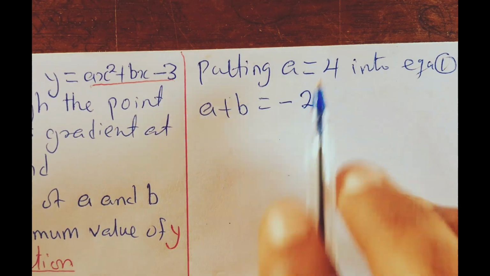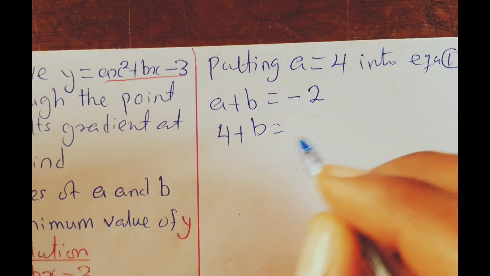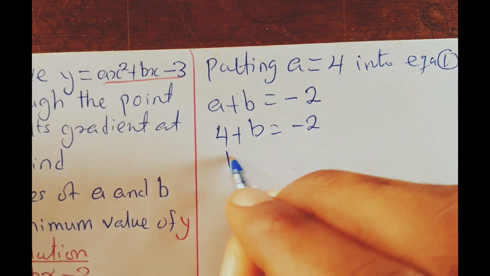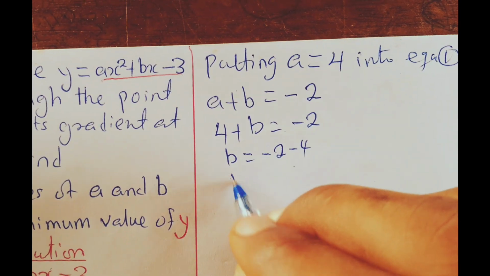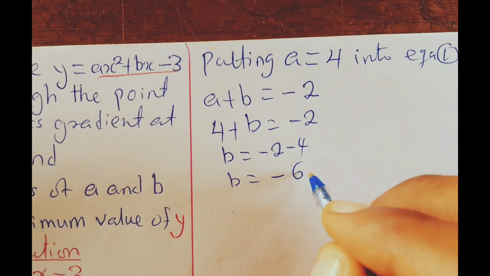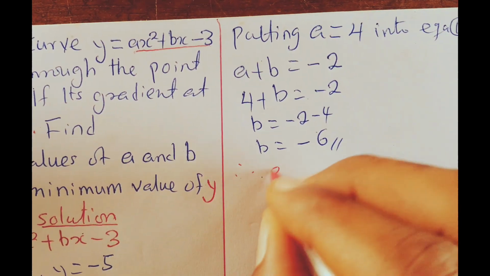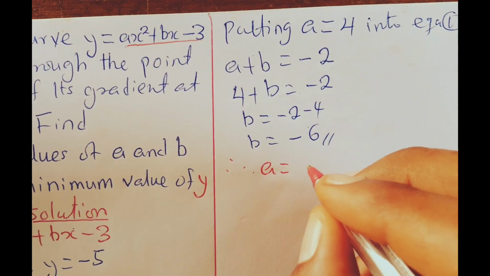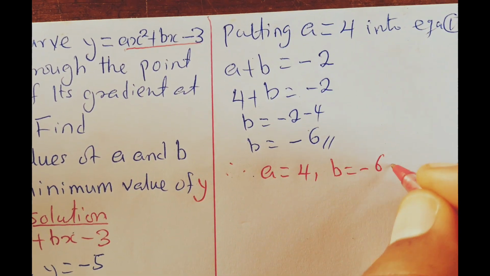So wherever I see a, I'll put 4. It becomes 4 plus b is equal to negative 2. So b is equal to negative 2 minus 4. So b is equal to negative 6. So therefore, a is equal to 4 and b is equal to negative 6.